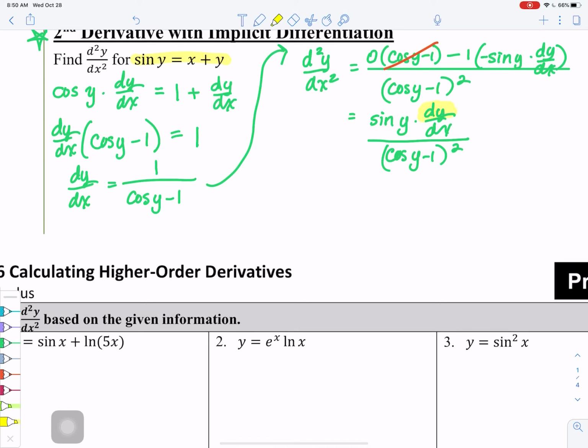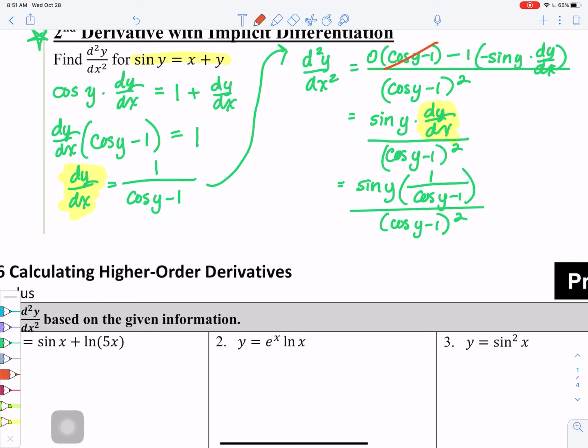This dy/dx is this dy/dx. You cannot take the second derivative of a function and leave it in terms of a derivative. So we have to replace that with what it is. So the sine of y multiplied by 1 divided by the cosine of y minus 1 all over the cosine of y minus 1 squared.